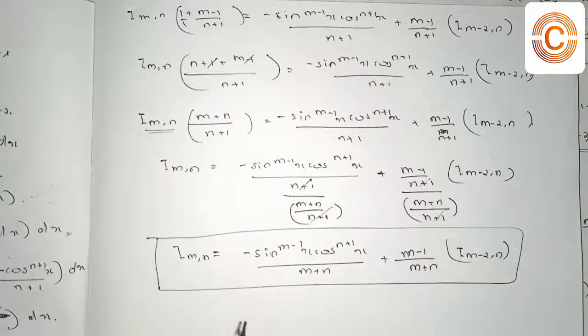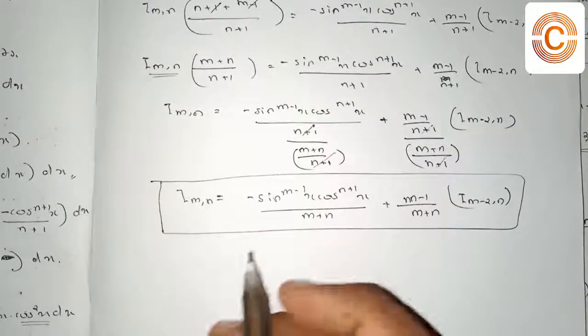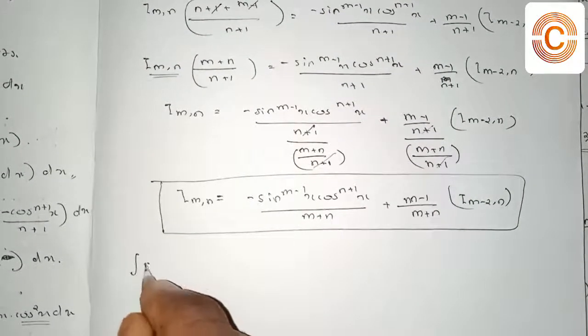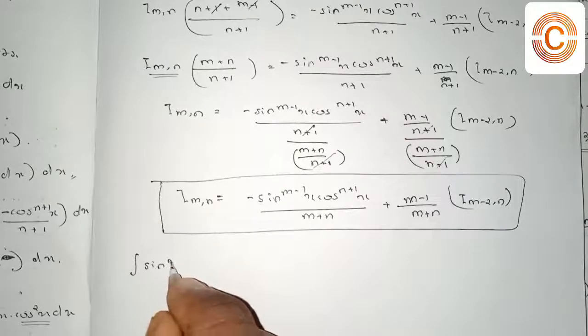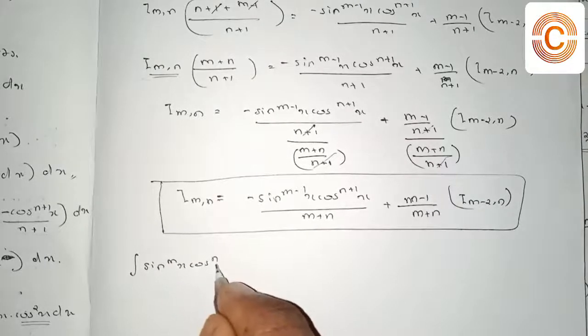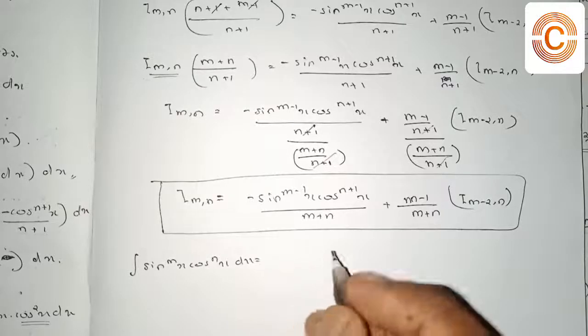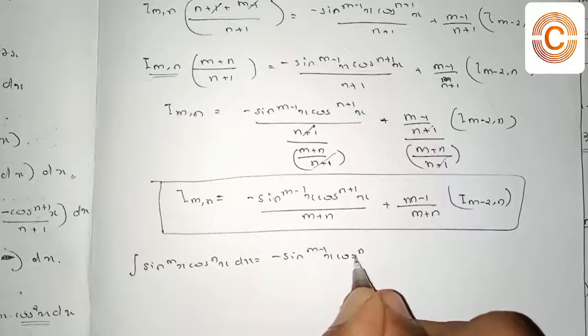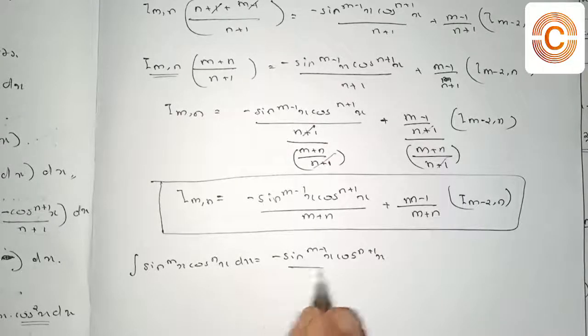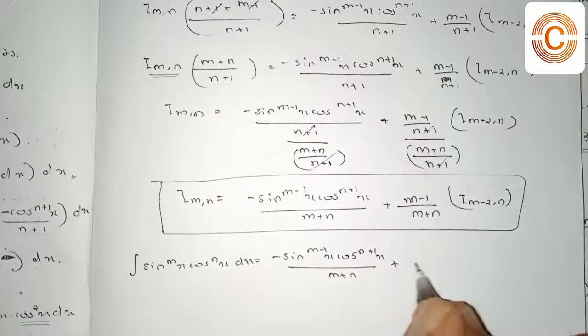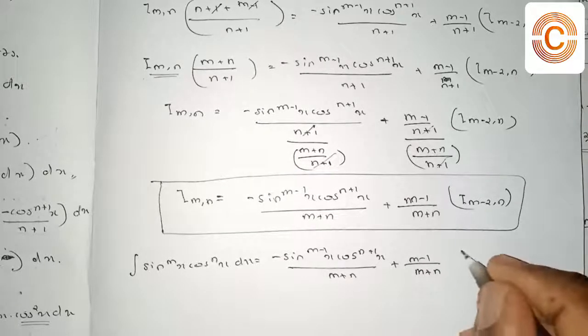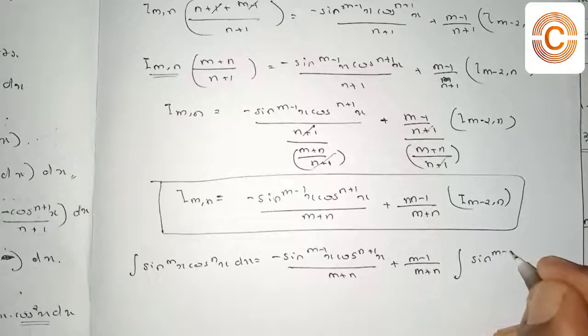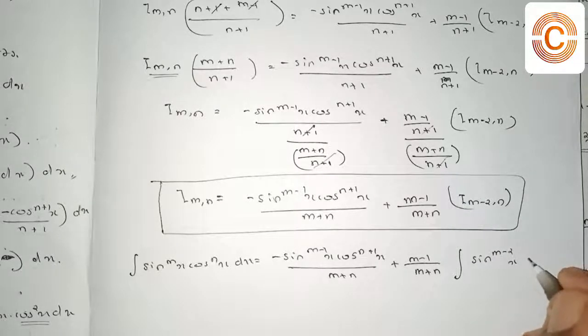By using the cos and sine function here, we can write it as, note here that the integral of sin^m x into cos^n x dx is equal to minus sin^(m minus 1) x cos^(n plus 1) x divided by (m plus n), plus (m minus 1) divided by (m plus n) into the integral of sin^(m minus 2) x into cos^n x dx.